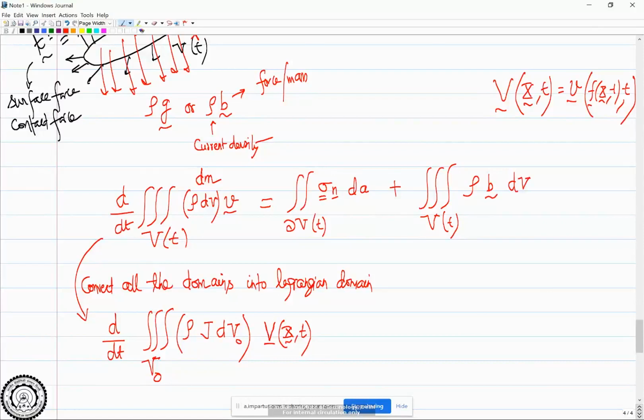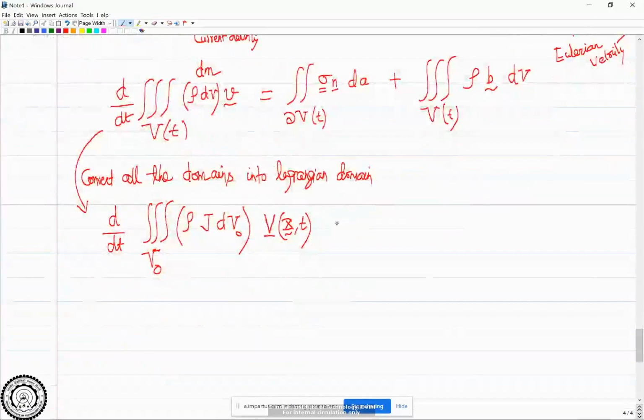It's just a point which is changing, but the velocity itself is the same. That's how you can write in Lagrangian and Eulerian forms. This is the Lagrangian velocity, whereas this is the Eulerian velocity.